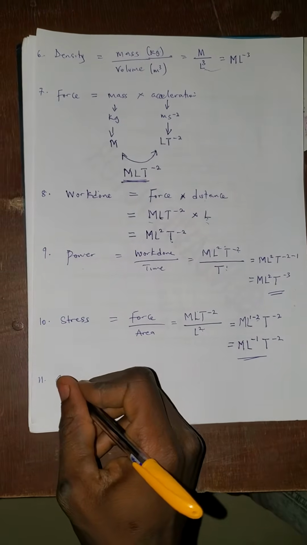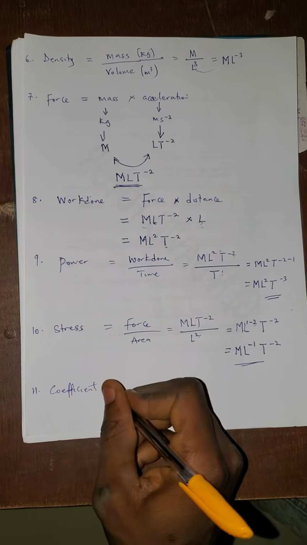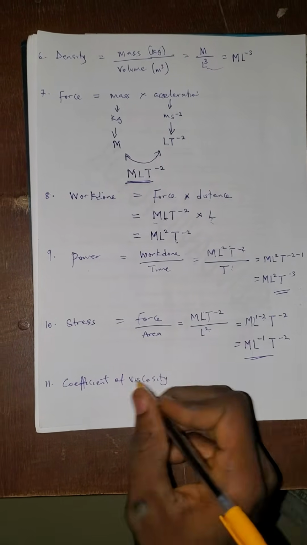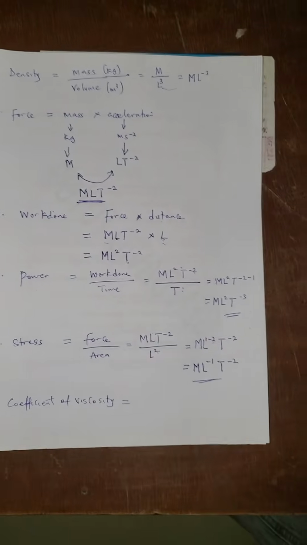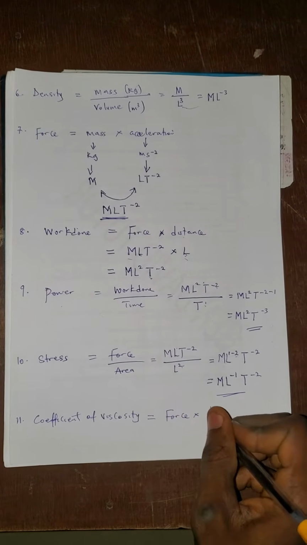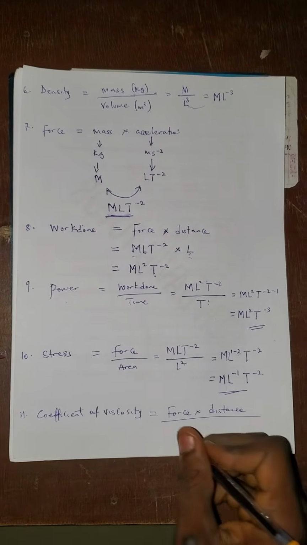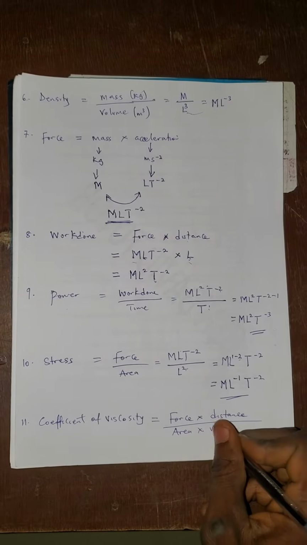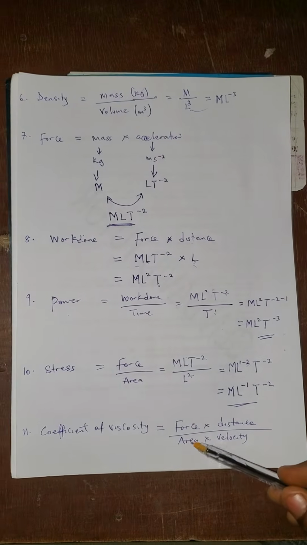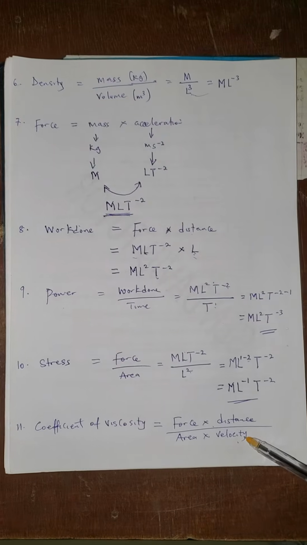Then let's calculate the 11th one, coefficient of viscosity. Now what's coefficient of viscosity? Coefficient of viscosity is force times distance all over area multiplied by velocity. Or you can just say force over area multiplied by distance over velocity.